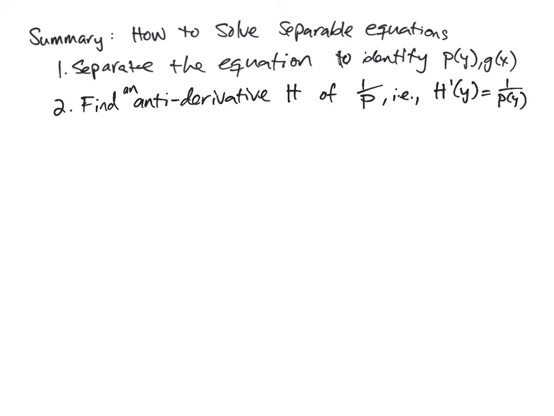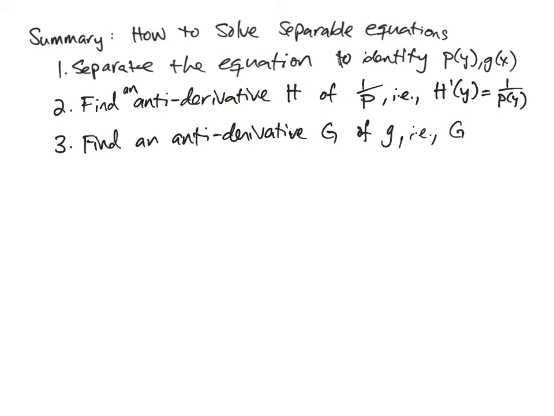And that may or may not be easy, but hopefully it's easy. We needed another antiderivative, so find an antiderivative big G of little g, that is, big G prime of x equals little g of x.